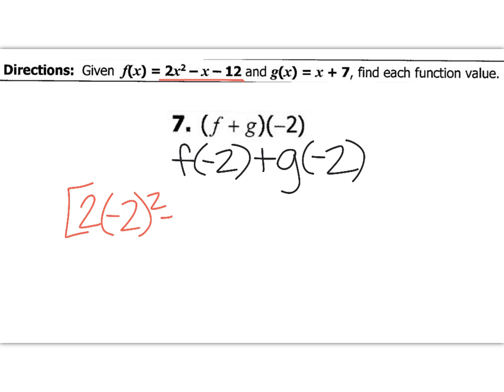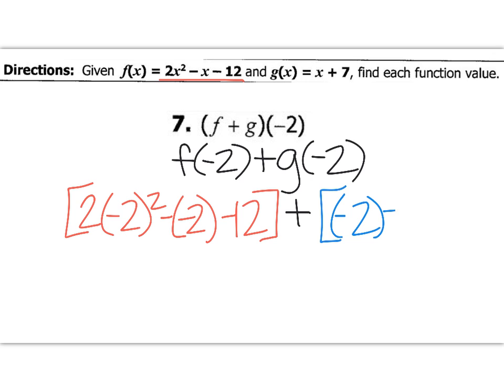Minus, instead of plugging in x, we're going to plug in negative 2. Minus 12. Then, plus g of negative 2. So g is x plus 7, so instead of writing an x, we're going to write negative 2 plus 7.